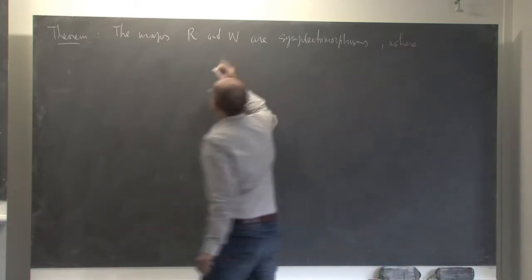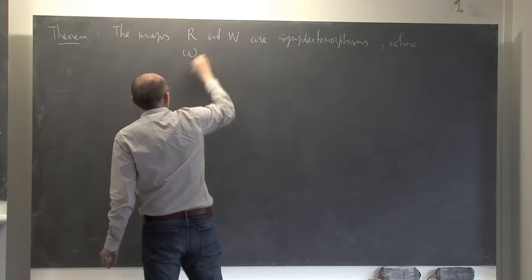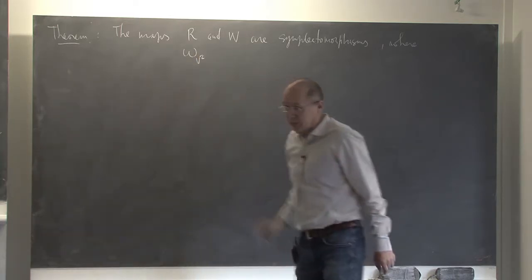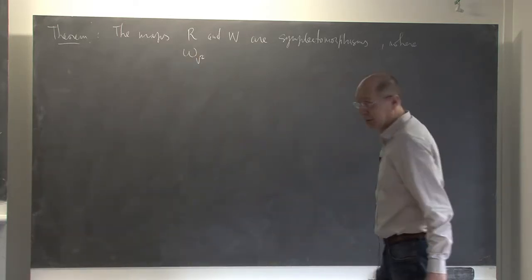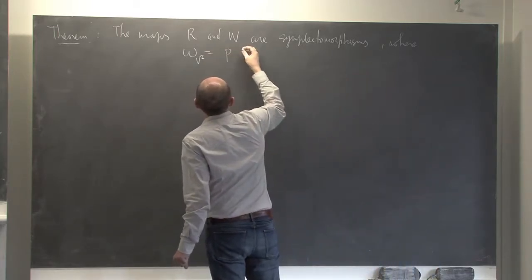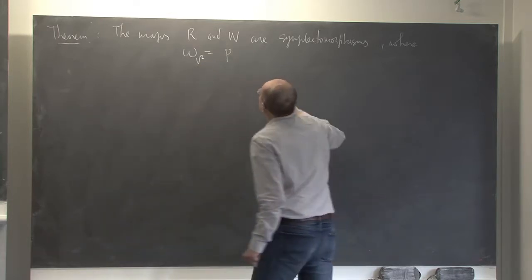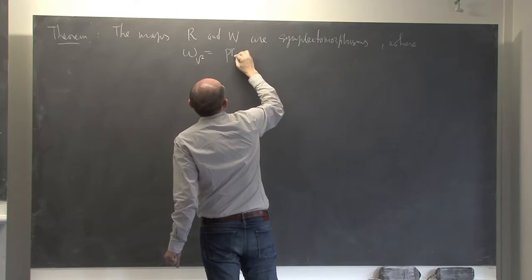Where W is interpreted as a symplectomorphism with respect to the symplectic structure in V squared given by the sum of two symplectic structures corresponding to two components. So formally we write it like this.